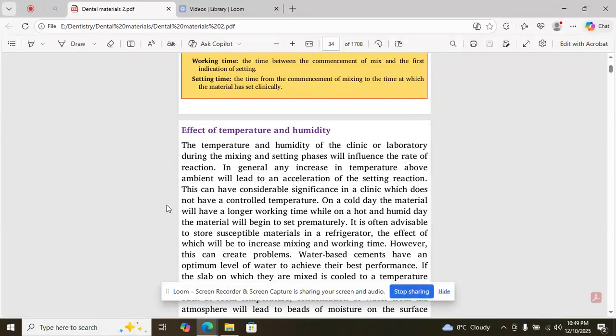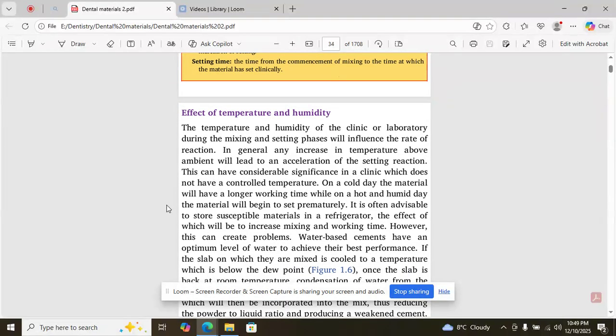It is often advisable to store susceptible materials in a refrigerator, the effect of which will be to increase mixing and working time. However, this can create problems. Water-based cements have an optimum level of water to achieve their best performance.